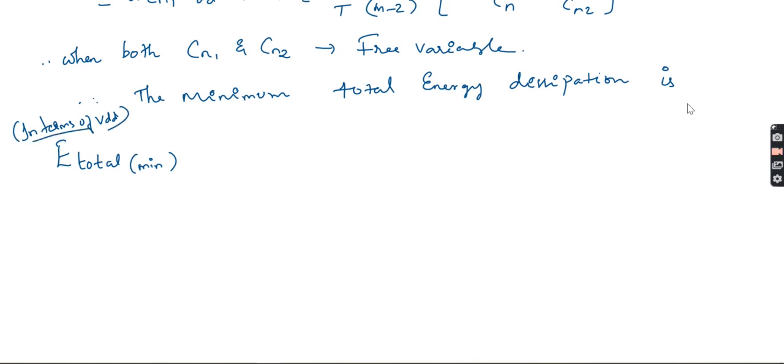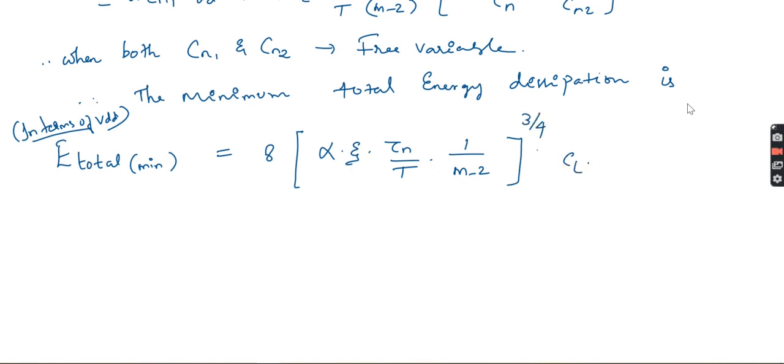Writing E total minimum will get us 8 times alpha into psi tau 1 by t into 1 by m minus 2 the whole power 3 by 4 into CL into VDD square. Because here we are considering Cn1 equal to Cn2 equal to Cn.